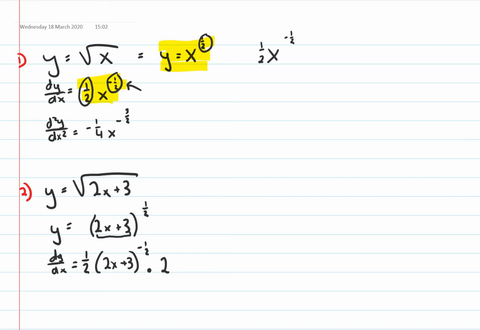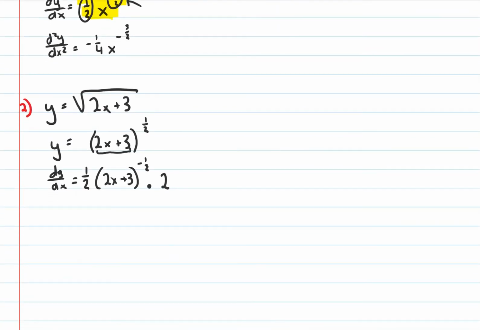Okay, we can simplify that as well. We can say equals, well, 2 multiplied by a half is 1, 2x plus 3 to the power of minus a half. You don't need that 1 there, but I'll just leave it. So that's it differentiated once.